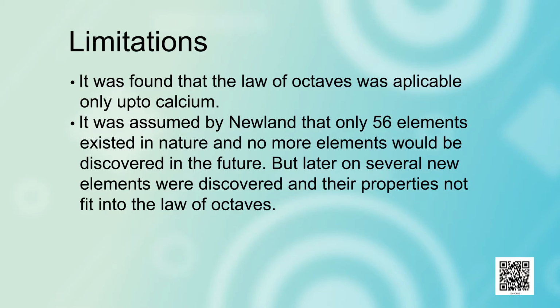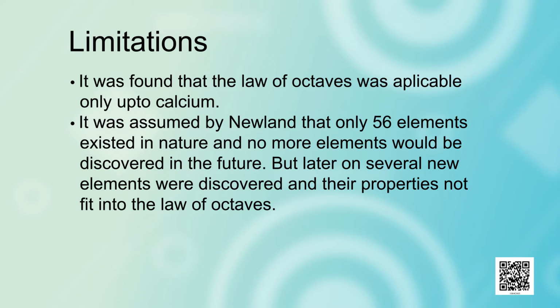or limitations. First of all, it was found that the law of octaves was applicable only up to calcium. Second, it was assumed by Newlands that only 56 elements existed in nature and no more elements would be discovered in the future.